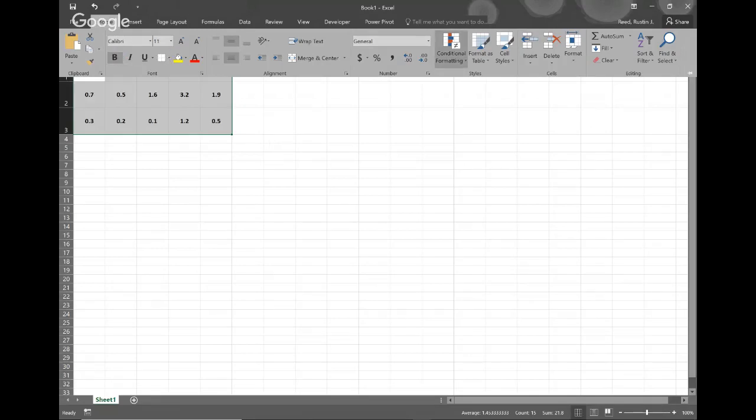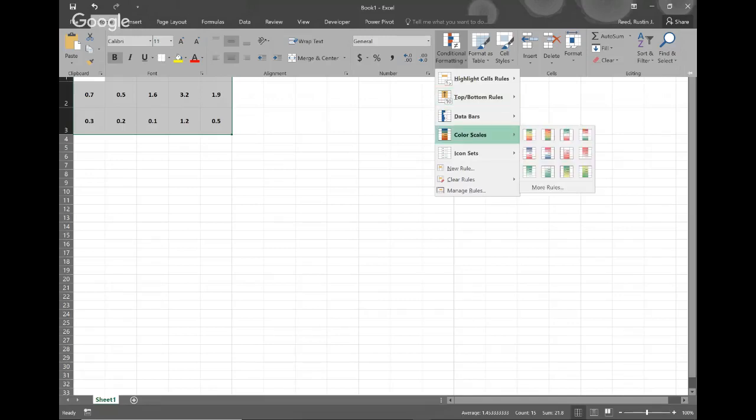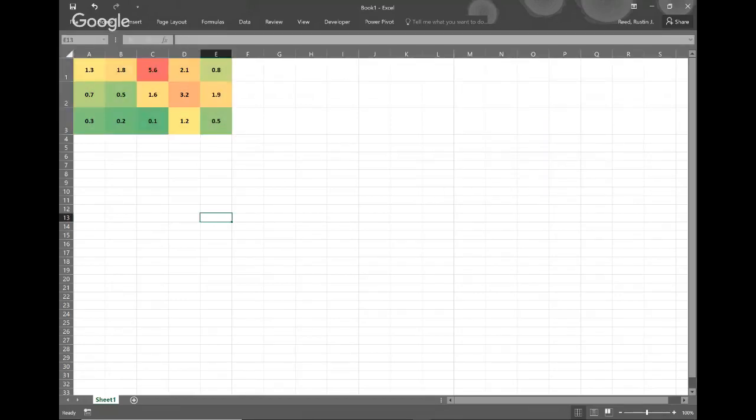Then use the conditional formatting and the color scales. We want to flip that because low is good. So you'll have a little map that looks something like that.